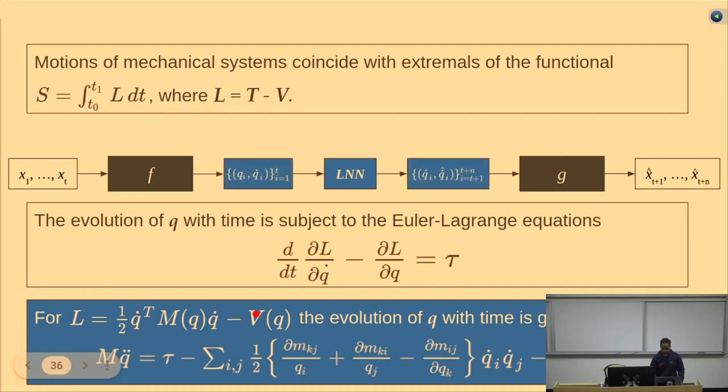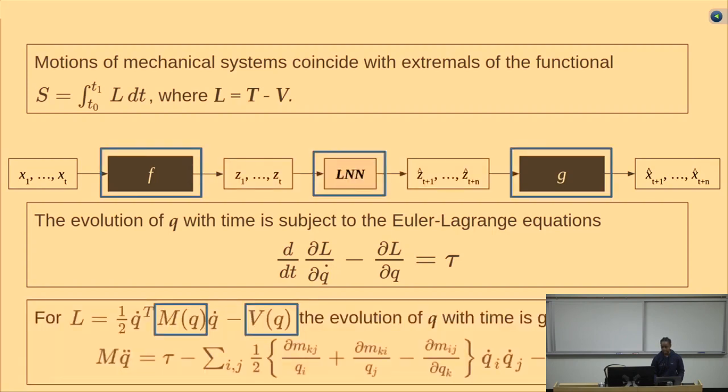So when the system Lagrangian is given, we can compute the equations of motion by applying the Euler-Lagrange equations. In our model, we design a Lagrangian neural network where the Lagrangian has kinetic energy with quadratic form. And this mass matrix and this potential energy function are parameterized by neural networks. So by using a Lagrangian neural network, we are in fact imposing a velocity phase space interpretation of the latent code. And we use this interpretation together with the Euler-Lagrange equations to predict future latent states.